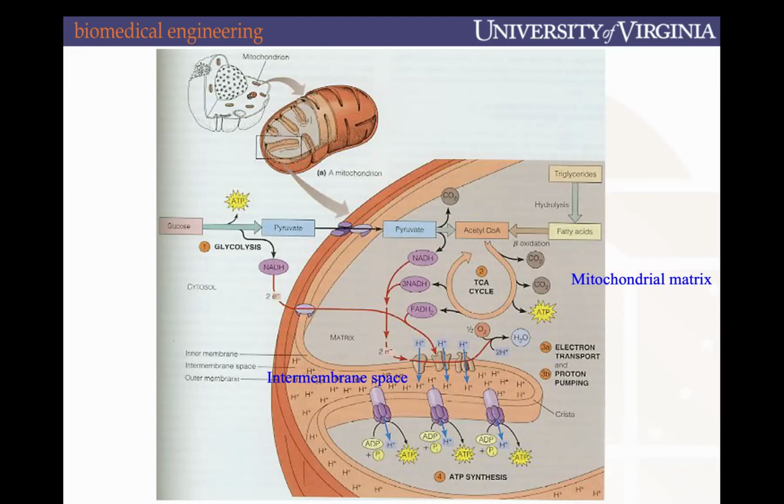There are a lot of key molecules that are a part of the inner membrane that shuttle ions into the space in between these two membranes called the intermembrane space. So we'll be moving from the cytoplasm into the mitochondria today and working with the intermembrane space between our mitochondria.